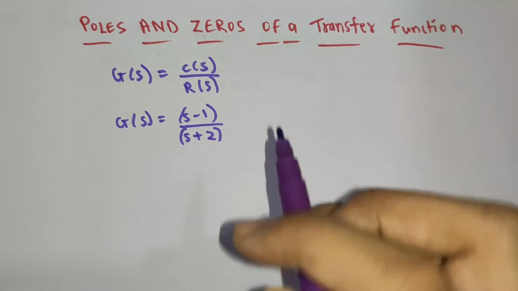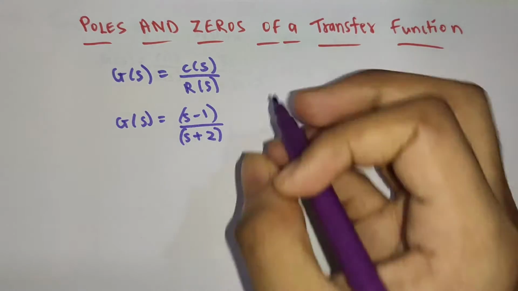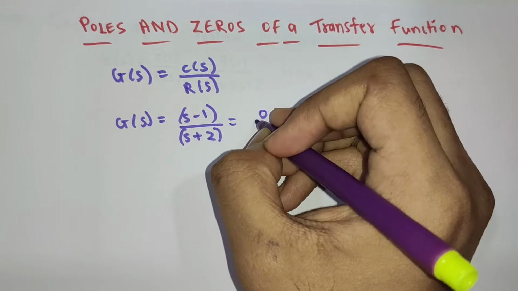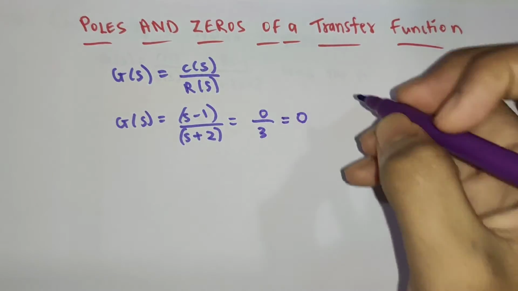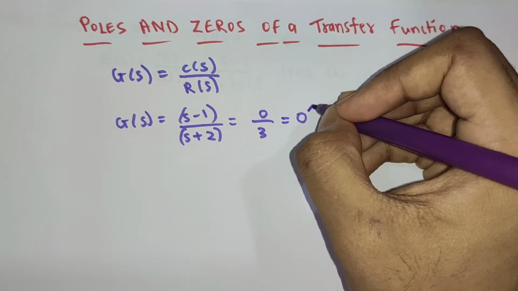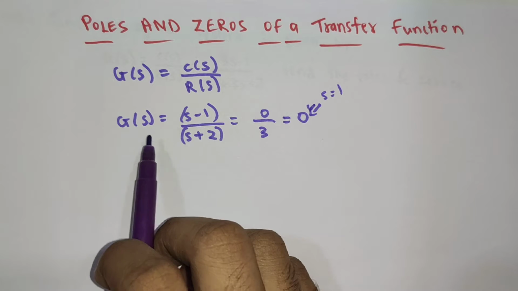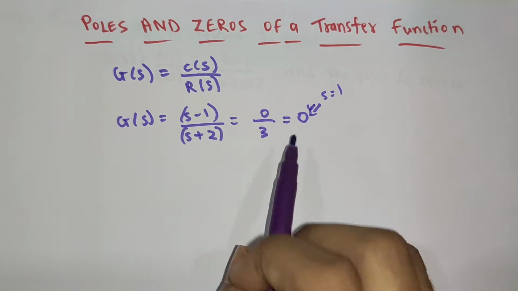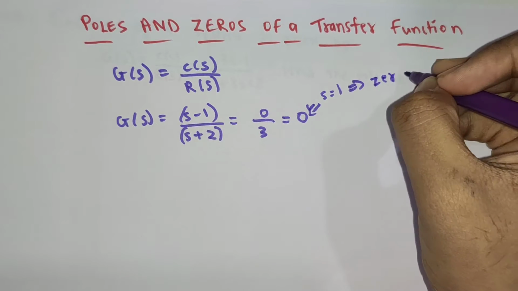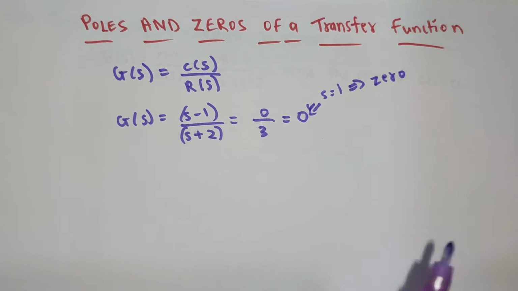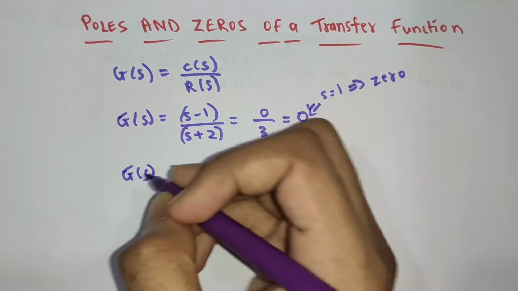For example, let's take this example, and if s turns out to be 1, then it will be 0 upon 3, so G(s) will be 0. So the value s = 1 makes the transfer function equal to 0. This is called the zero of the transfer function. Keep this in mind. And now let's see what the pole is.